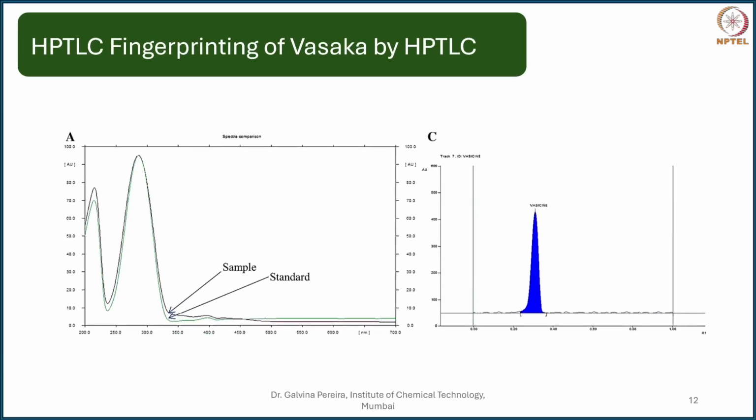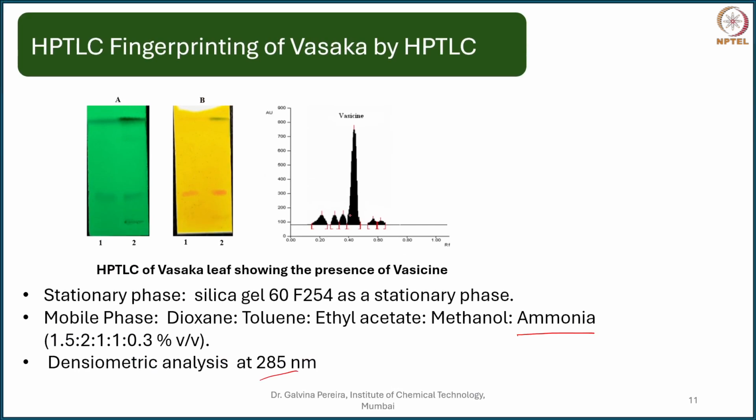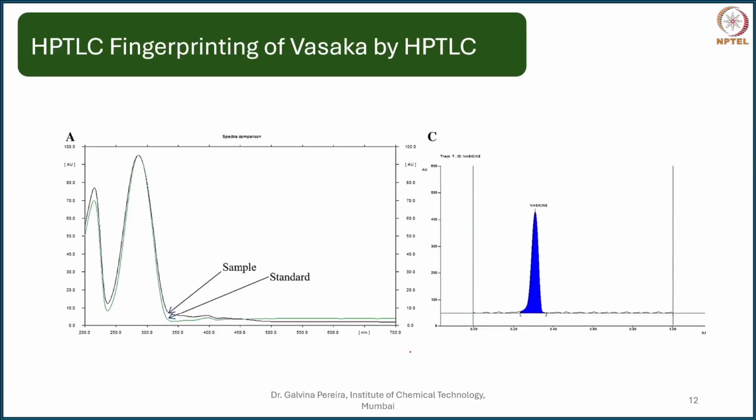Now how do I know that the spot is of Vasicine itself? HPTLC also gives me one more option: I can selectively pick that area which we saw previously. This area I can selectively pick up as a peak, and then for this peak I will check the UV spectra.